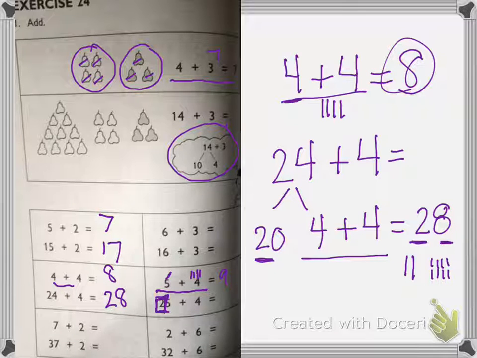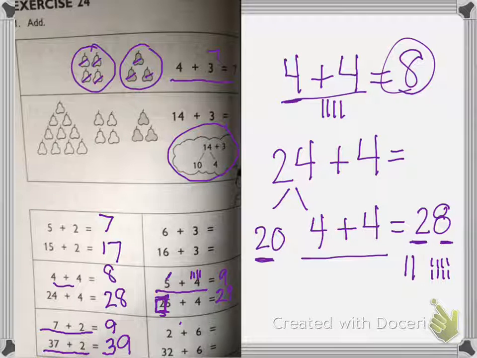So if 5 plus 4 is 9, you can guess that if you add an extra 20 to 5 plus 4, you would get 29. The same is true for this. If 7 plus 2 is 9, then 37 plus 2 would be 39.